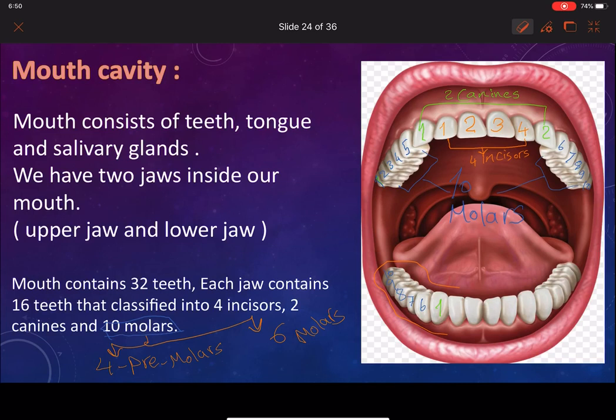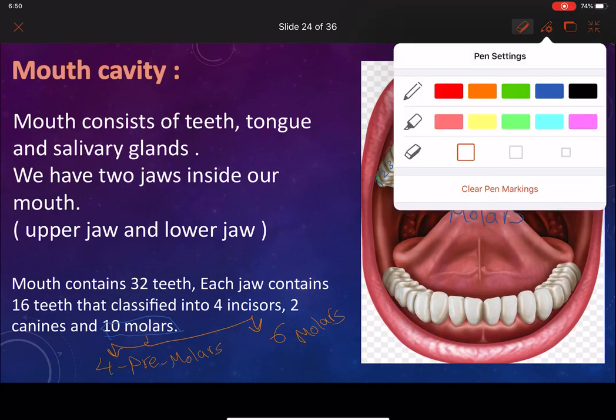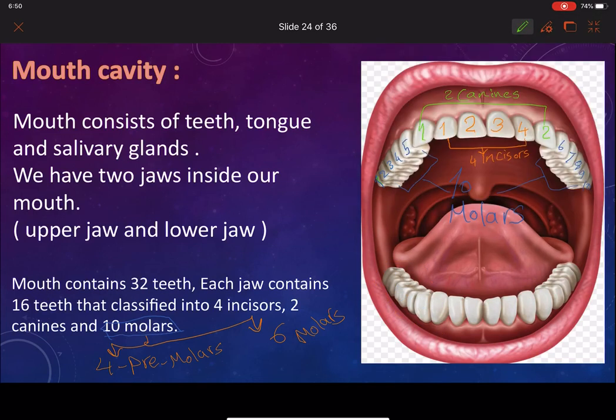I will erase that. The first 2 molars here and the first 2 molars here are called premolars. And 2 plus 2 equals 4. So I have 4 premolars and 6 molars. Okay, I have 4 premolars and 6 molars.